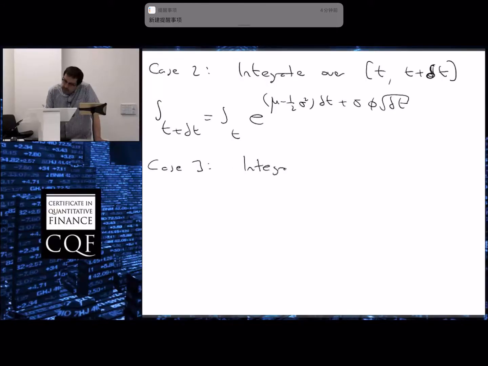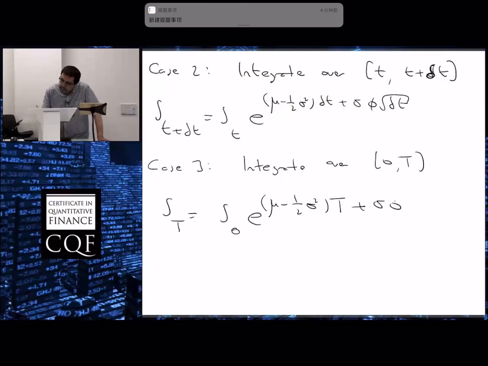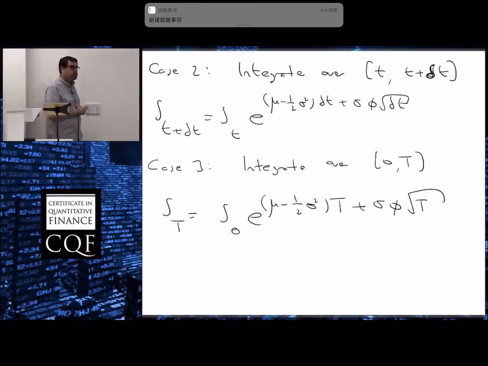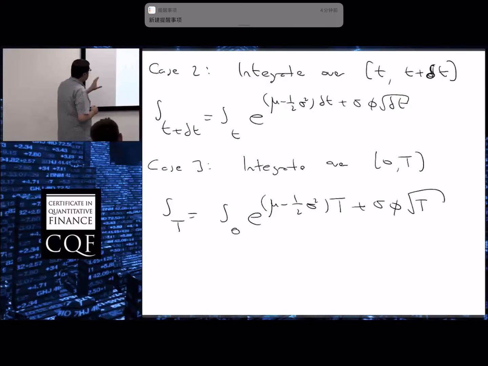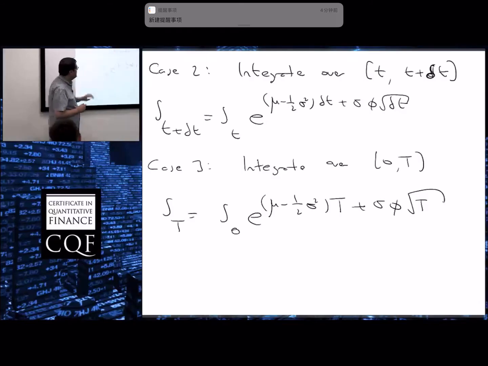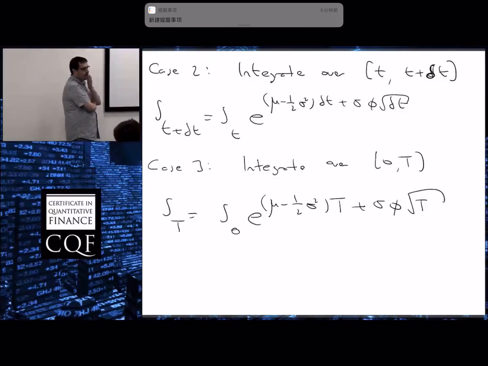Integrate over 0 and big T, in which case it becomes S_T equals S naught e to the mu minus a half sigma squared T plus sigma phi root big T. So that's really just to give you an example of how the time over which we integrate affects the solution.